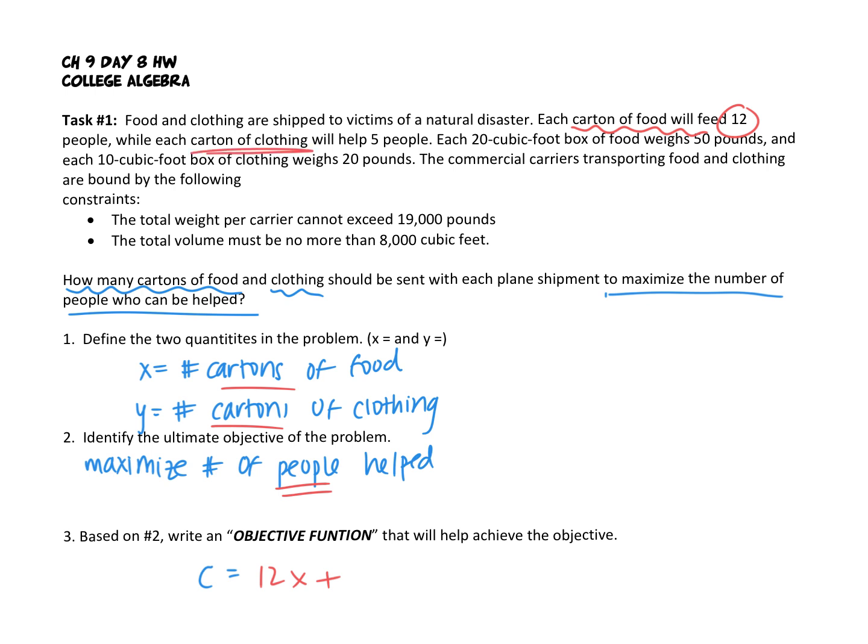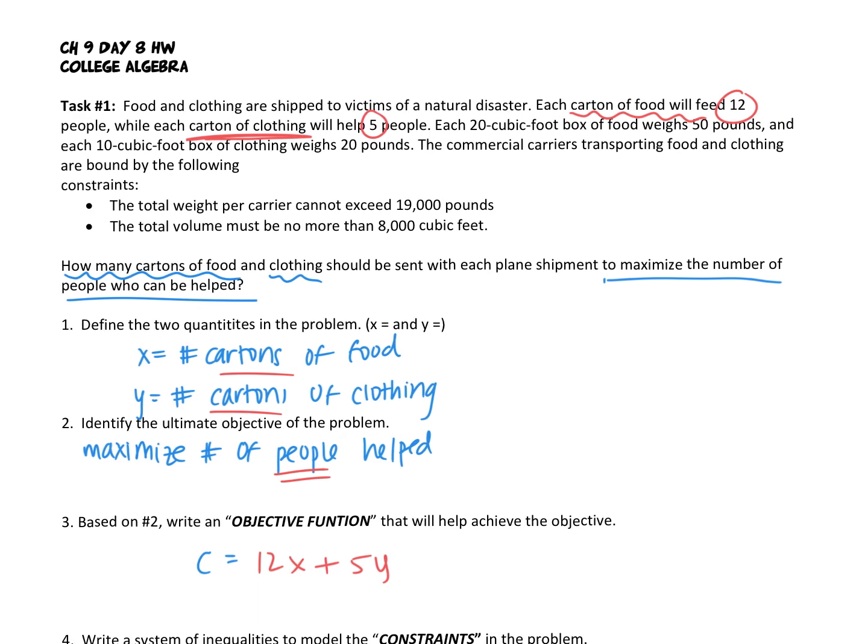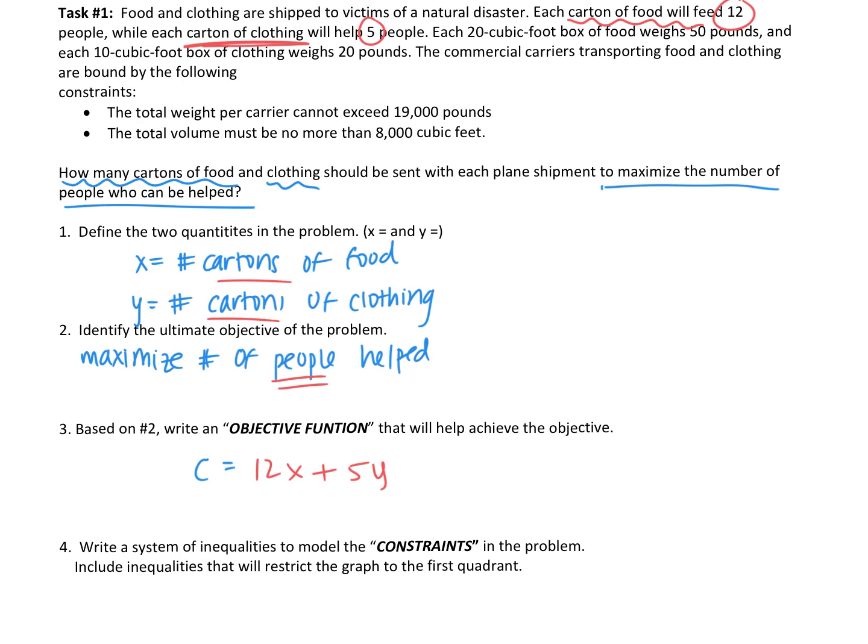Likewise, each carton of clothing will help 5 people. So if we have Y cartons of clothing, 5Y is the number of people that will be clothed. So that is our objective function. Are we okay so far?